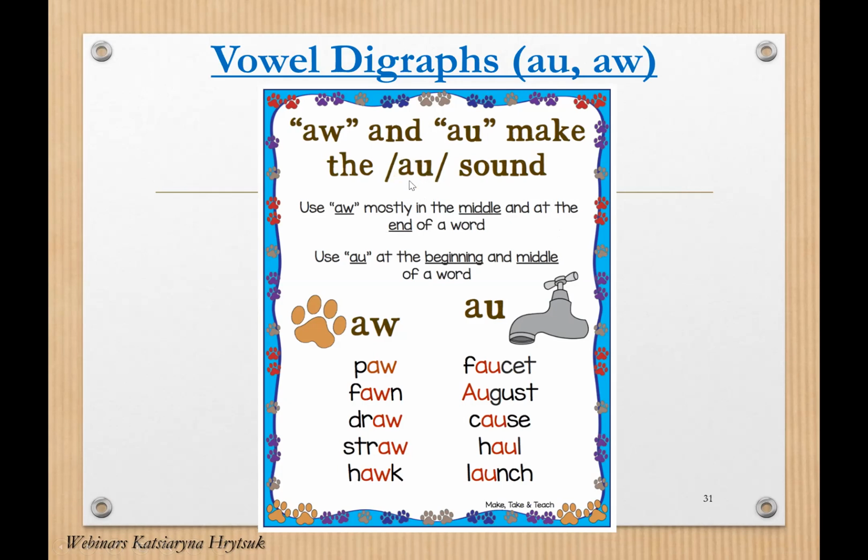Sometimes this combination makes other vowel sounds, but that is not the problem now. AW and AU, we can see at the beginning of the word, like August, faucet, cause, whole, launch. You see, we read them all the same, but here we write AW because it's the end of the word, and here we write AU because it's the beginning or middle of a word.